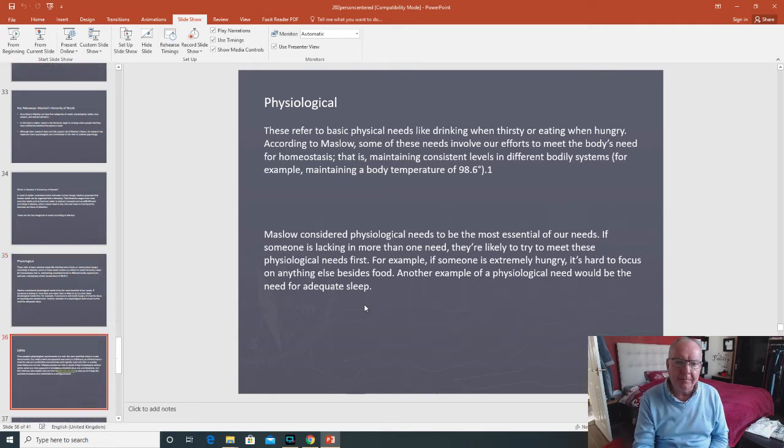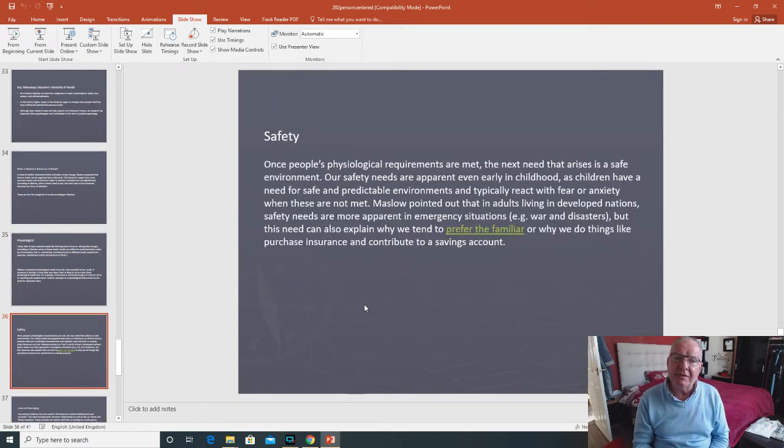Let's push on. So the next after the physiological, it's safety needs. Once people's physiological requirements are met, the next need that arises is a safe environment. Our safety needs are apparent even early in childhood. As children have a need for safe and predictable environments and typically react with fear or anxiety when these are not met.